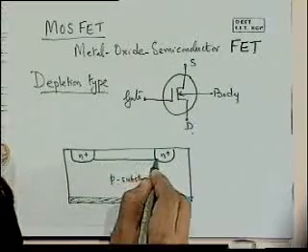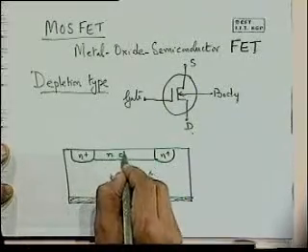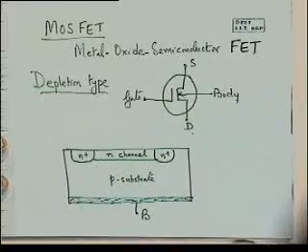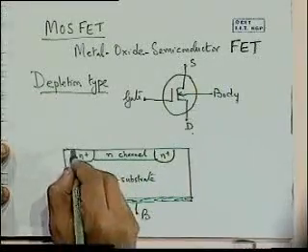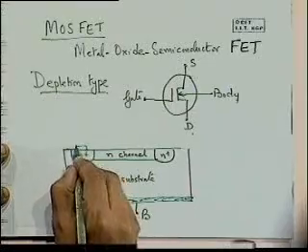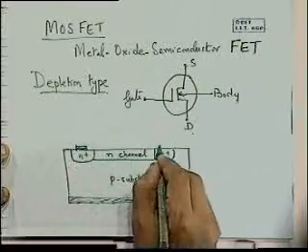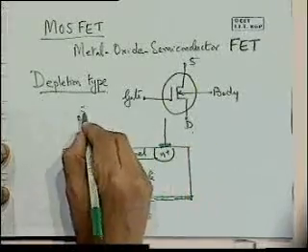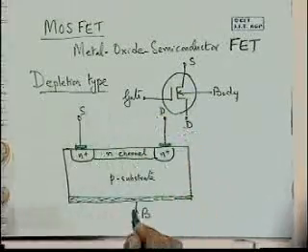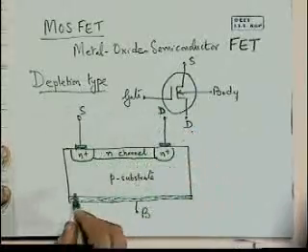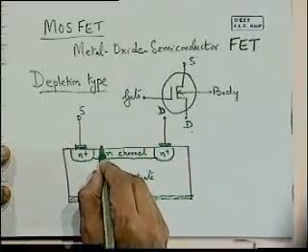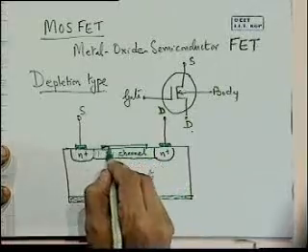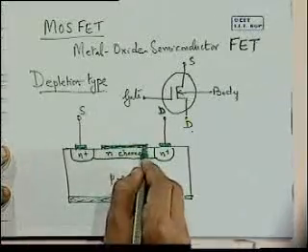In between these two is an N channel. On top of this, we have a metal connection, one source, one drain. And then we have the gate, which is also a metal connection here.